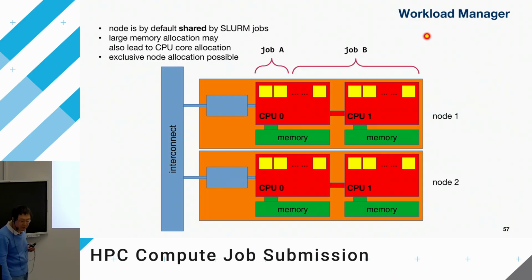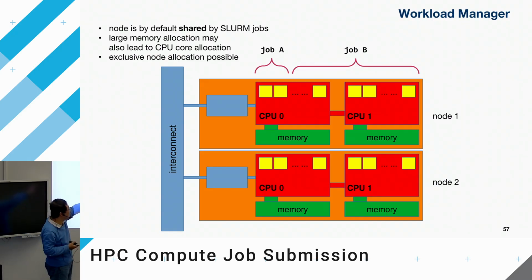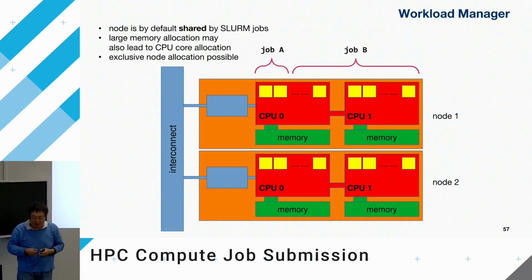So regarding the high-level principle for a workload manager, here is a figure showing 2 compute nodes, and each has 2 CPU sockets, and how a workload manager works for such a configuration.